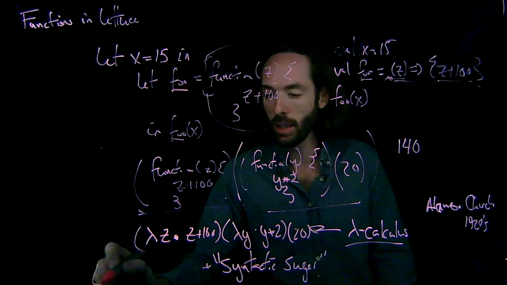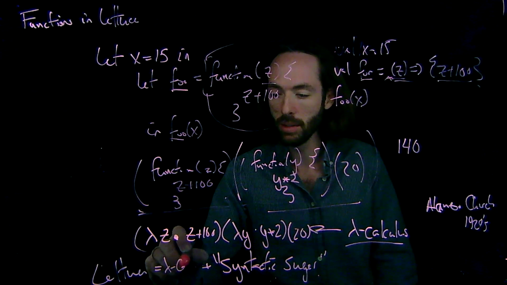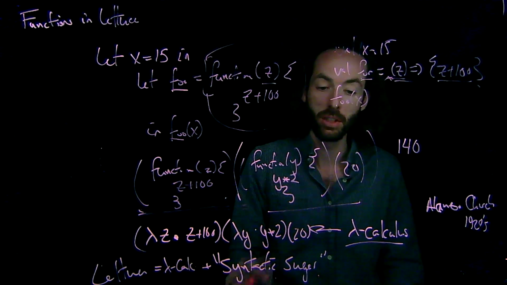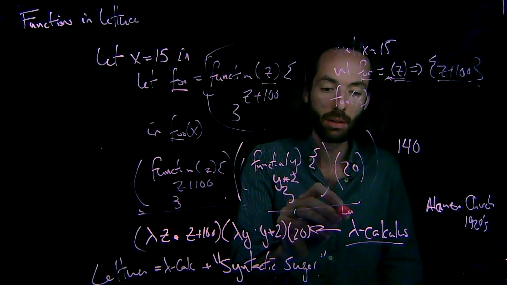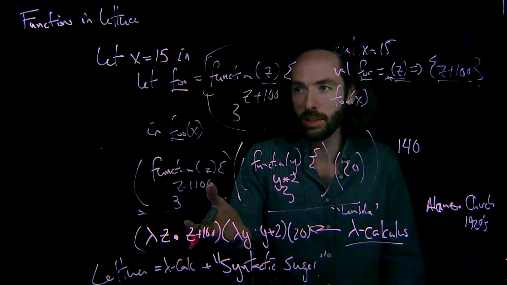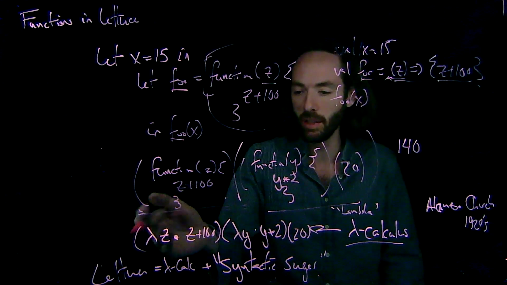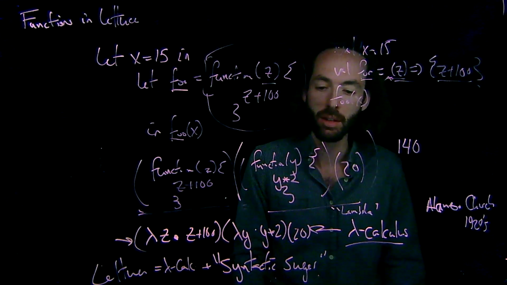Right, so we can say Lattice is equal to the lambda calculus plus syntactic sugar, right? Which just says that it's basically lambda calculus, and we've added nicer aspects so that programming it is a little less painful than having to write a whole bunch of these things down.